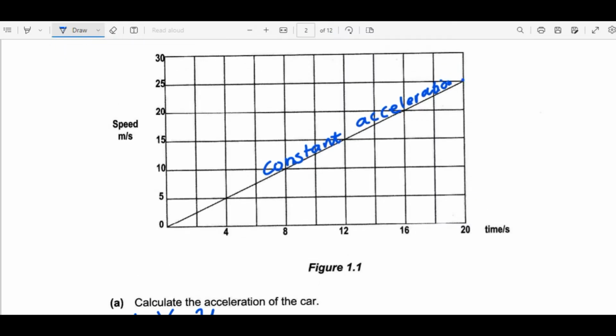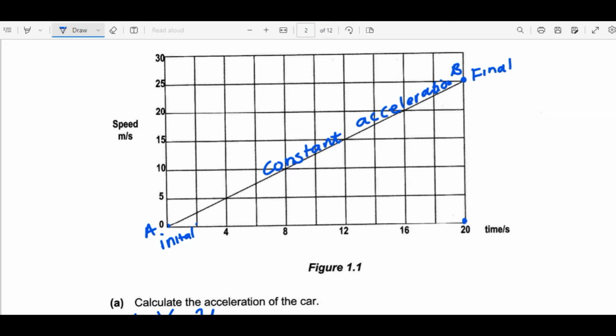The line is ending at this point, so let's call this point B. At point B is where the final velocity is. Then here is where the initial velocity is. From the initial to the final, the time taken was 20 seconds.